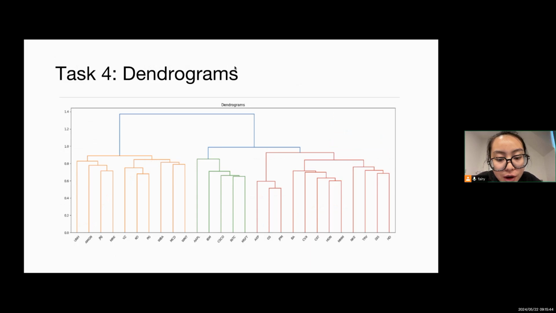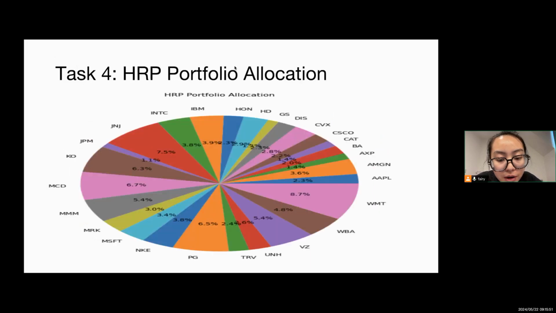Next, I visualized the weight assigned to each asset. According to the pie chart, the weights of the assets are more dispersed and no single asset occupies a large proportion.